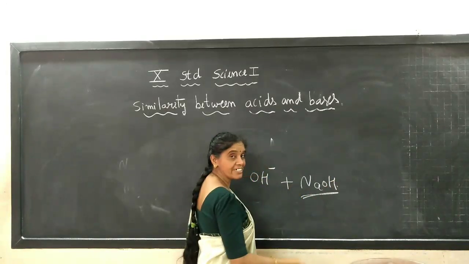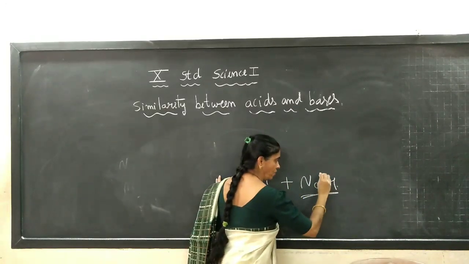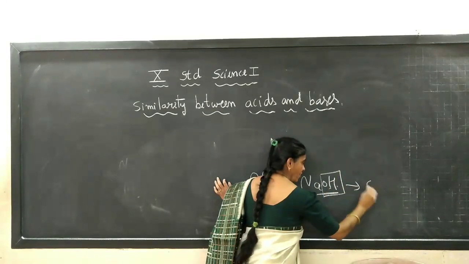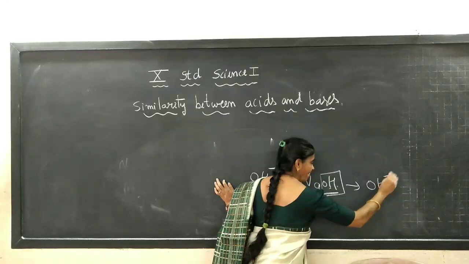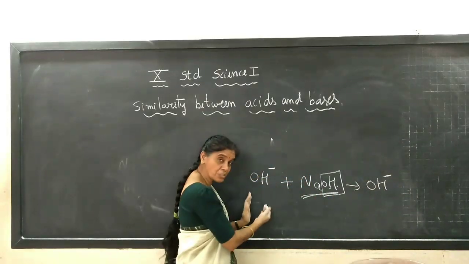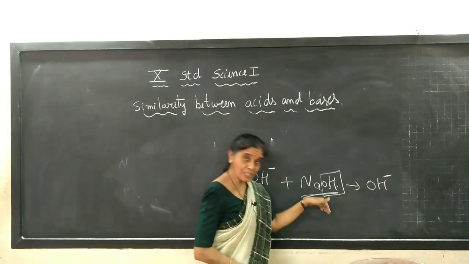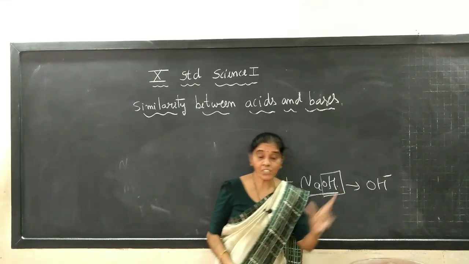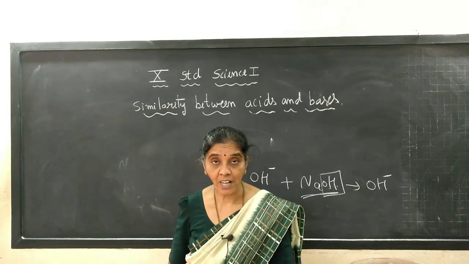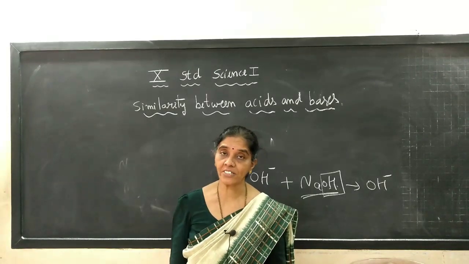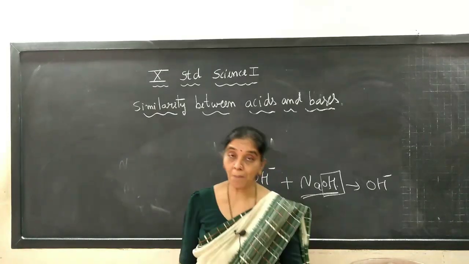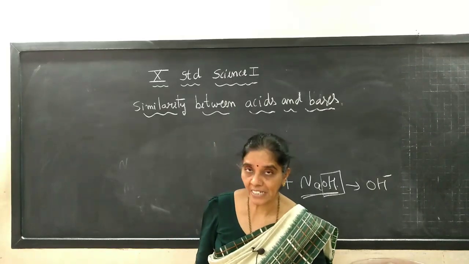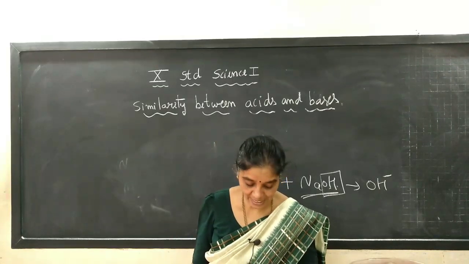So, which ion will you mainly get now? You will get OH ion. OH ion is already present, and you are adding sodium hydroxide, which also produces OH ion. So, in the unit volume, the number of OH ions increases. So, the basic character of the solution increases. So, that is the answer.